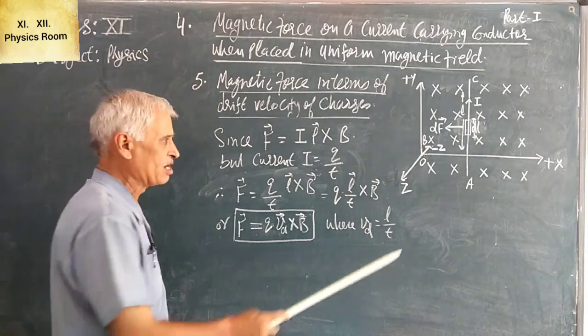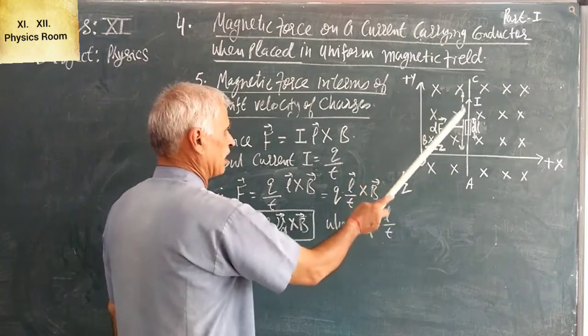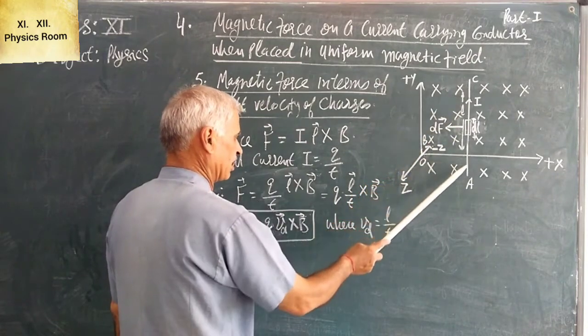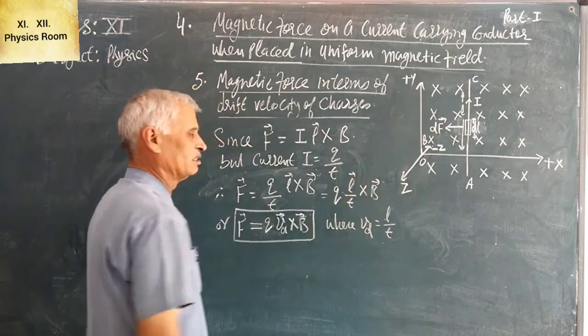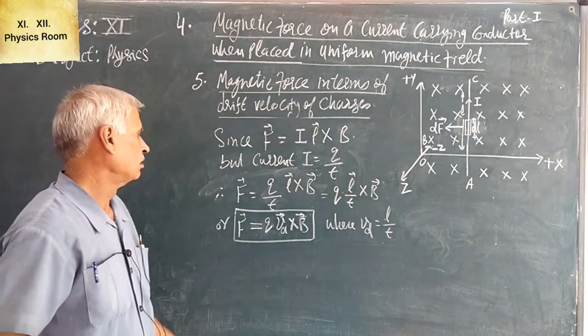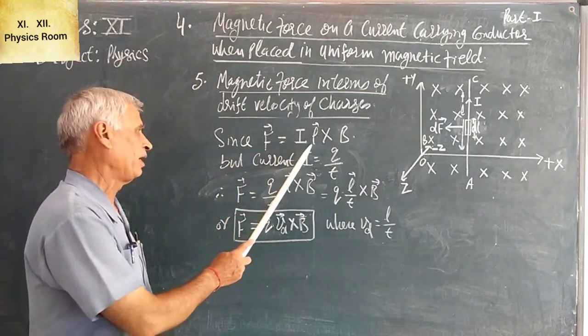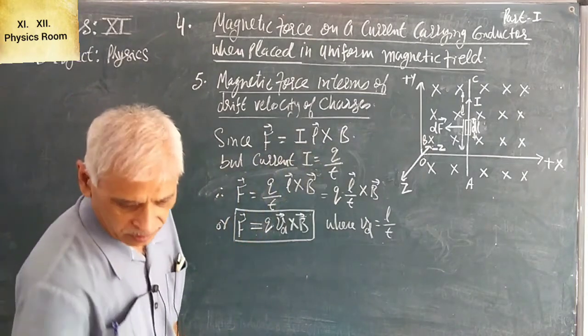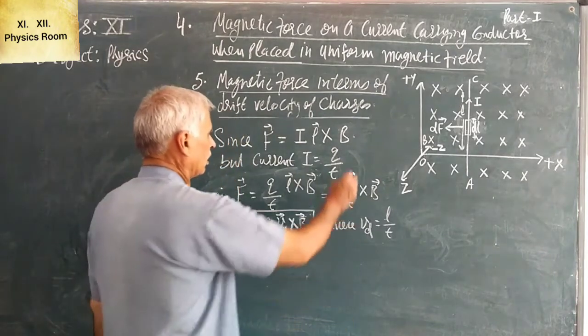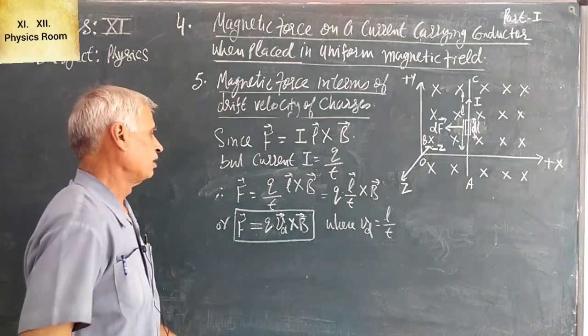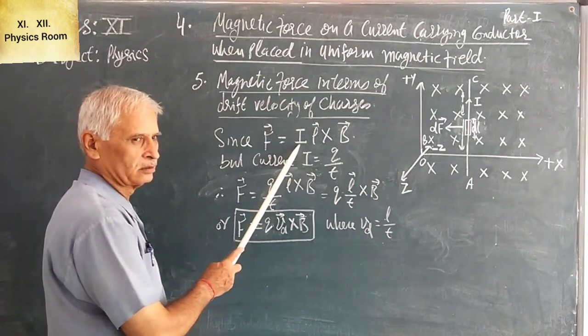Since current is flowing through the conductor, charges are drifting through the conductor, electrons in this direction and positive charges in this direction. Now, we know F equals I L cross B, this is the magnetic force in terms of current.